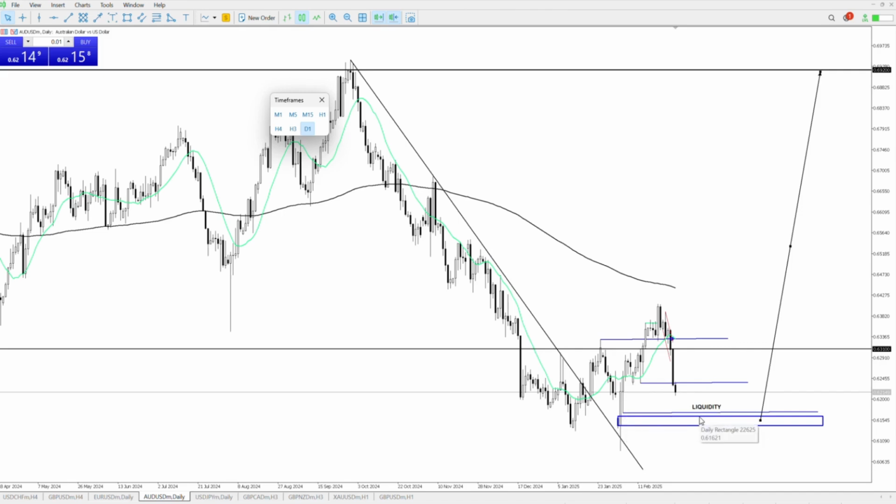This is the order block that led to this particular breakout. Considering the bigger picture, this is where buyers are looking to enter this market.